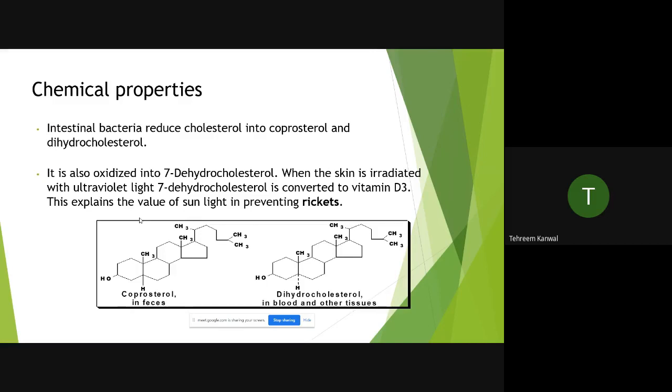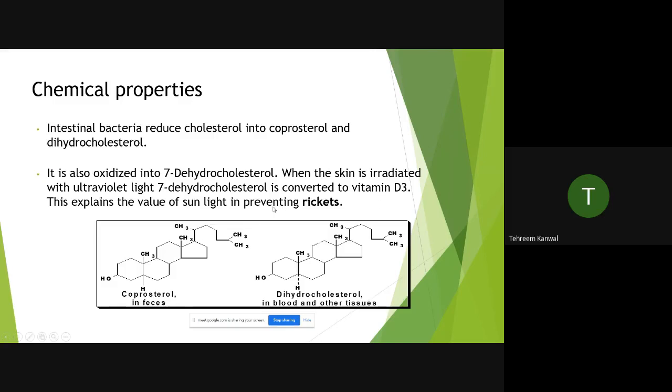But what we should know is what the sources of vitamin D are. Vitamin D has two sources, a plant source and an animal source. From animals, it comes in the form of 7-dehydrocholesterol, which on exposure to ultraviolet light is converted to vitamin D3.